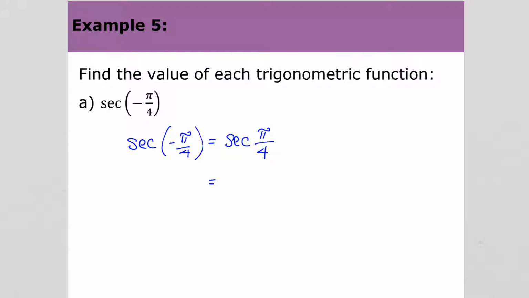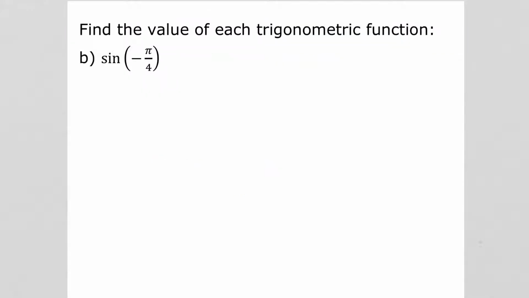Actually, the secant of pi over 4 is root 2, so it's just positive root 2. While the sine of negative pi over 4 is equal to negative the sine of positive pi over 4. Since the sine of pi over 4 is square root of 2 over 2, then we just make it negative because it's negative of the sine of pi over 4.